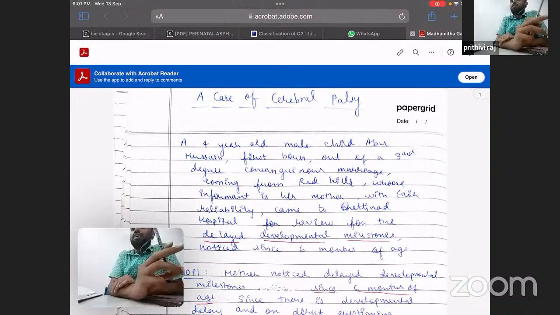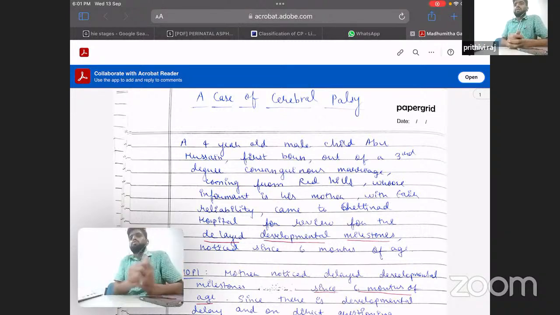Good evening to one and all present here. Today we will be starting the clinical case discussion in pediatrics. We will start with a very tough case for undergraduate students, which is cerebral palsy. In most universities, like in Tamil Nadu, one of the major cases given to all undergraduate students is cerebral palsy.